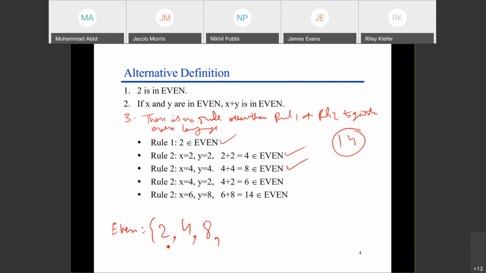Anything which is part of my language can be x and can be y. Okay, so you cannot use anything outside of the language. So whatever you generate, use that as x and y. So now x is equal to 4 and y is equal to 2, so I generate 6. And now x is equal to 6 and y is equal to 8. So I use this and this, and now I get 14.